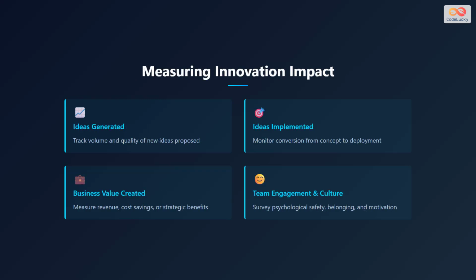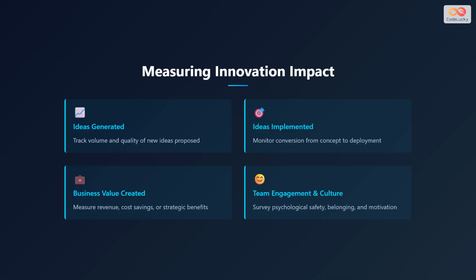You cannot manage what you don't measure. Track the volume and quality of ideas being generated by your team. Monitor how many ideas are actually implemented versus how many are proposed. This conversion rate tells you how well your organization is executing on innovation. Measure the business value created through innovation.